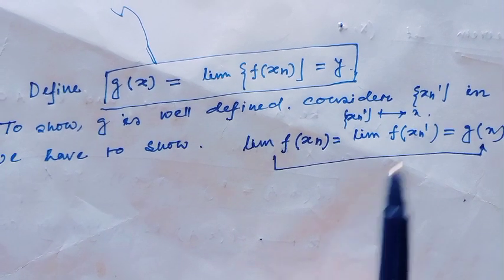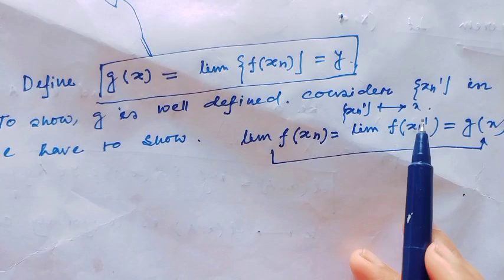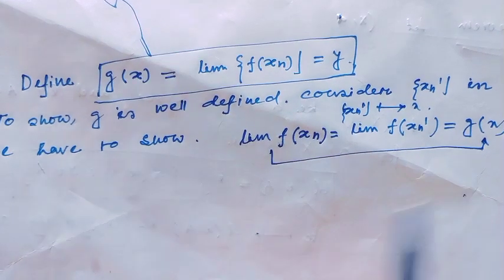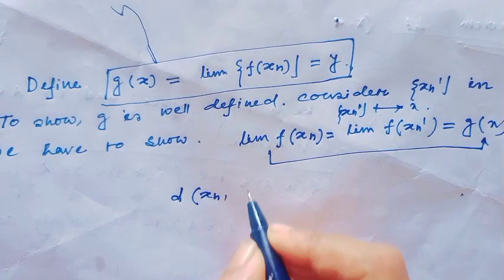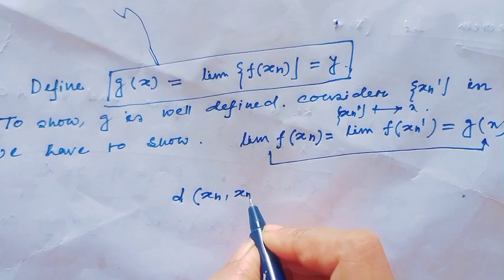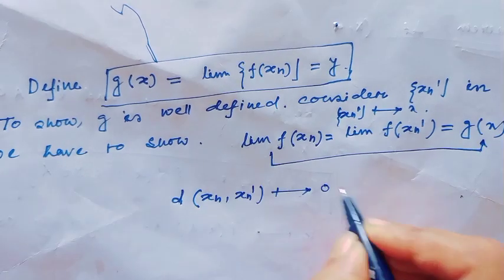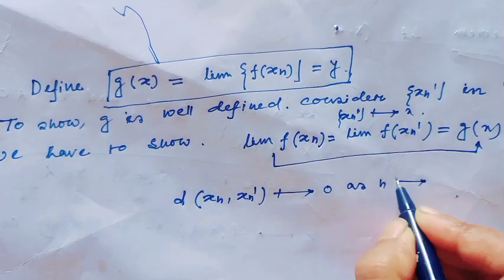For this, since xn dash converges to x, that means obviously d of xn dash tends to 0 as n tends to infinity.